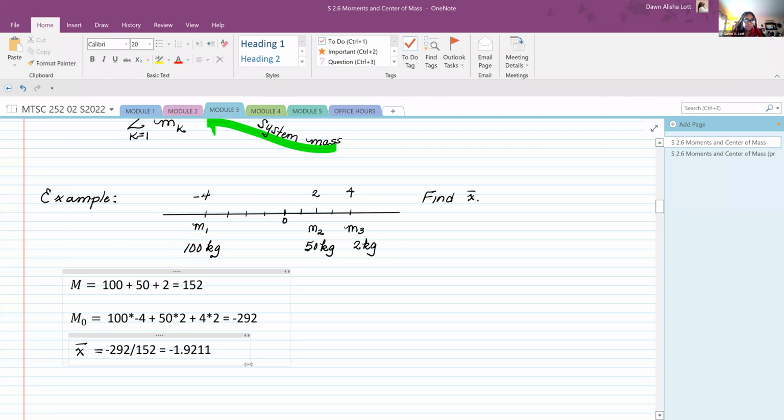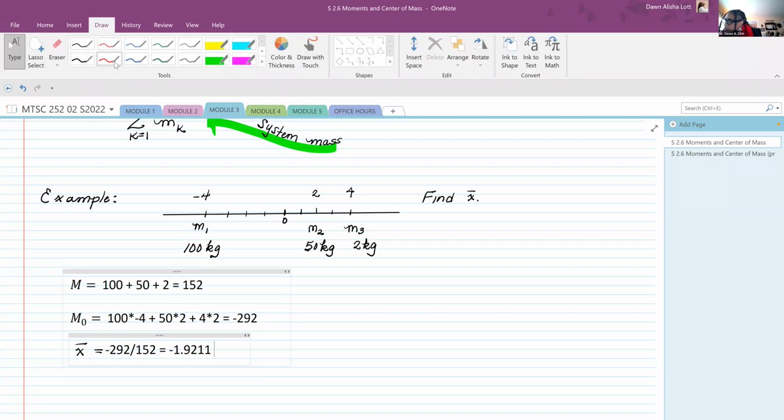That's close to -2, so -1.92. So that means that right about here would be my center of mass, X bar.